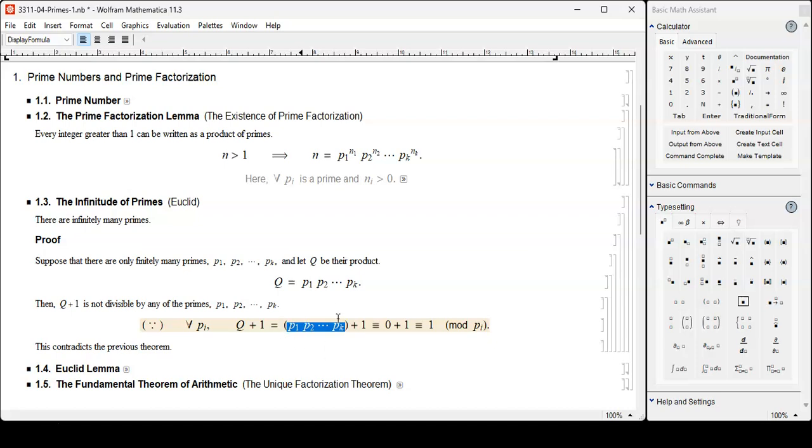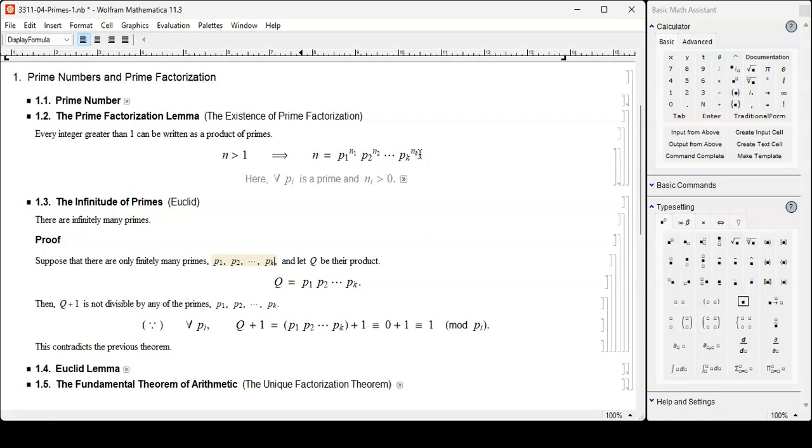So this part is divisible by pi, so that's 0 modulo pi, and the plus 1, so the remainder is 1. So this Q plus 1 is not divisible by any primes, and we just assumed that these are all the primes there, so Q plus 1 has no prime factorization.